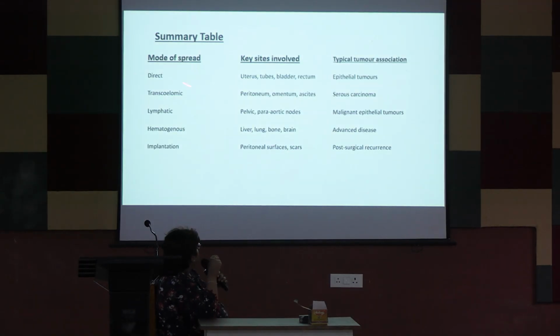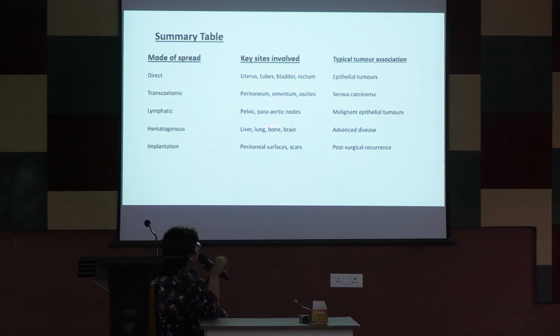So this is the chart: direct metastasis to uterus, tubes, bladder, rectum, and a typical tumor association is epithelial tumors. Transcoelomic spread to peritoneum and omentum may cause ascites also, and is common with serous carcinoma. Lymphatic spread to pelvic and paraaortic lymph nodes can occur with any kind of malignant epithelial tumors.